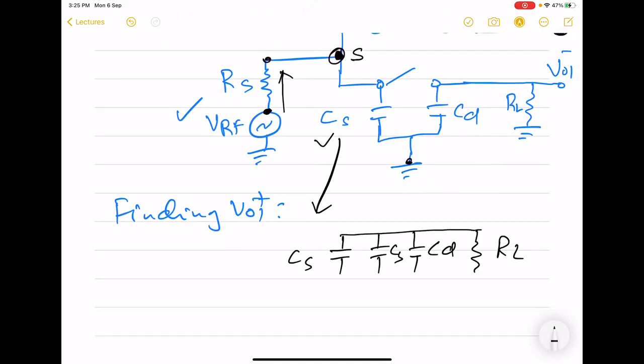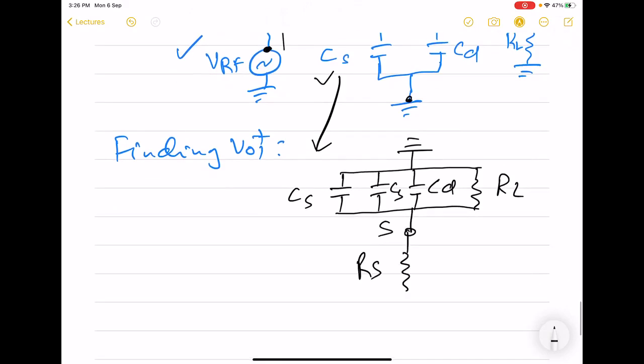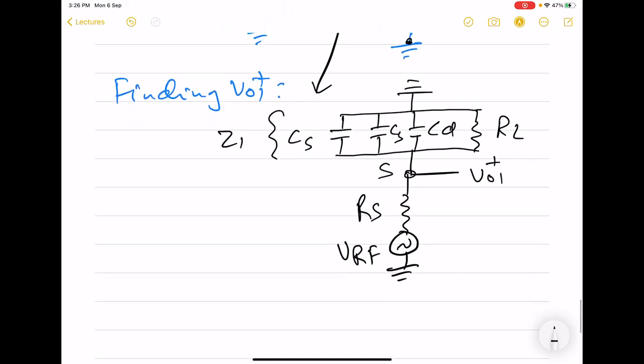All these are in parallel and connected to the source node. And at the other end, we have RS and RF here. And the output that we are looking for is this output. So we can call this one Z1. And now we can easily see that VO1 plus is Z1 divided by Z1 plus RS into VRF.